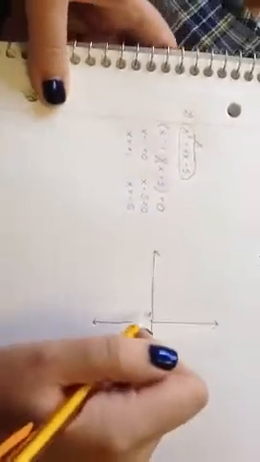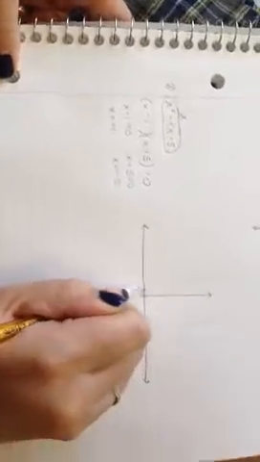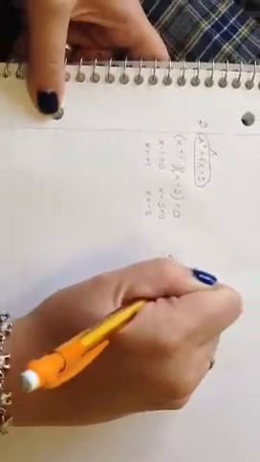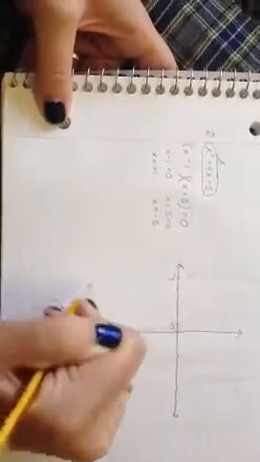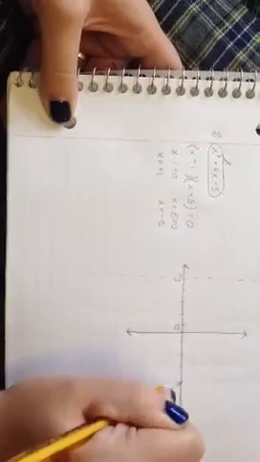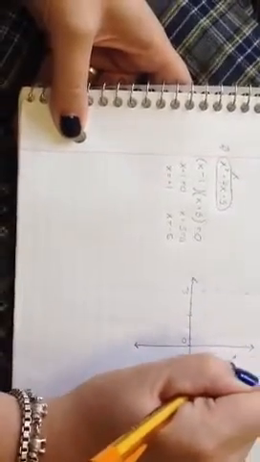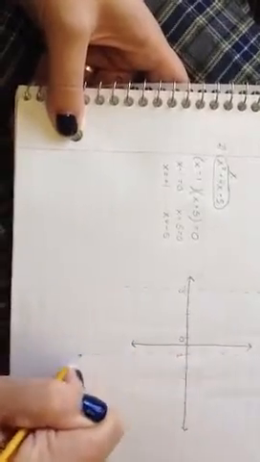So once again, you can prove this by doing it graphically, and you'll see at -5, you'll have an asymptote, and at +1, you'll have another asymptote.